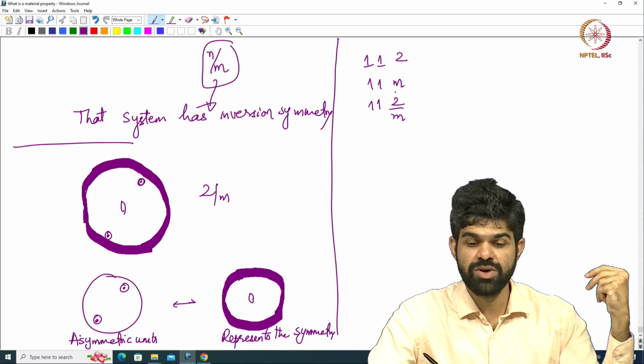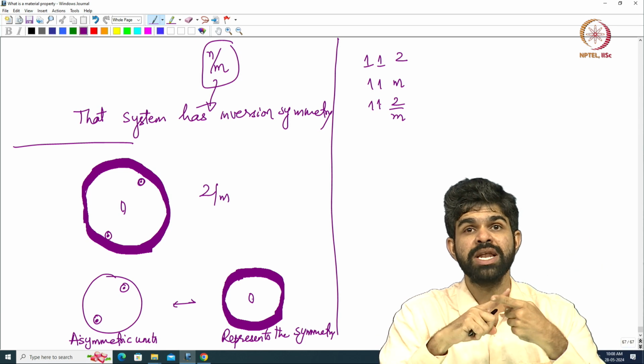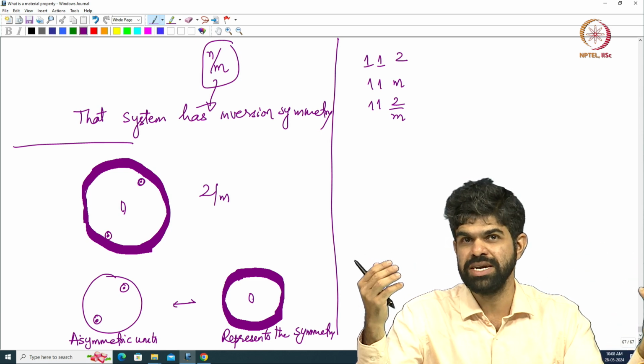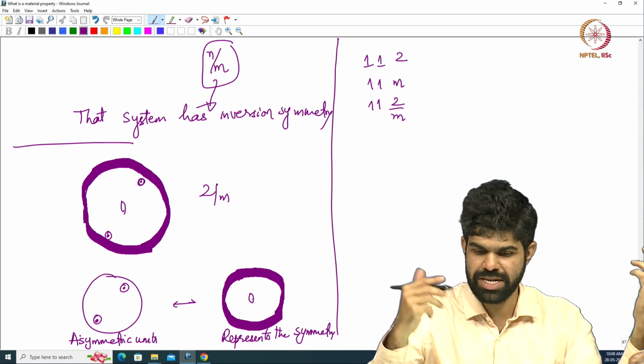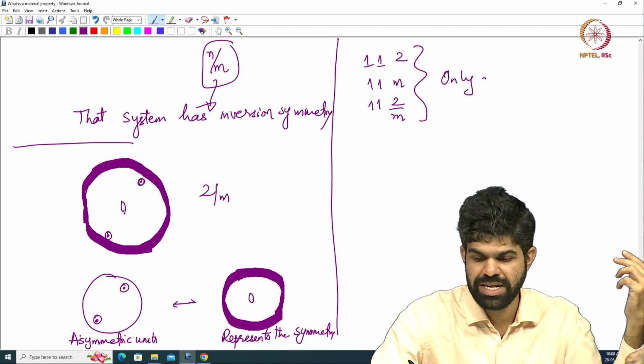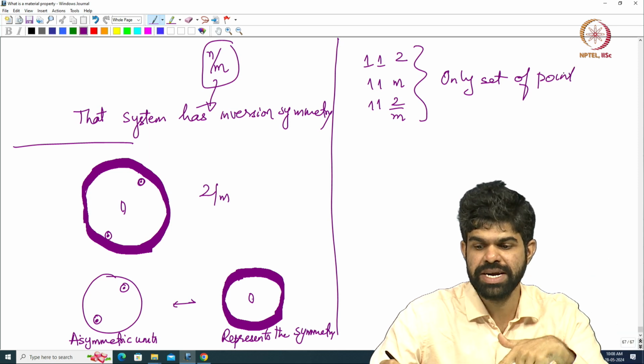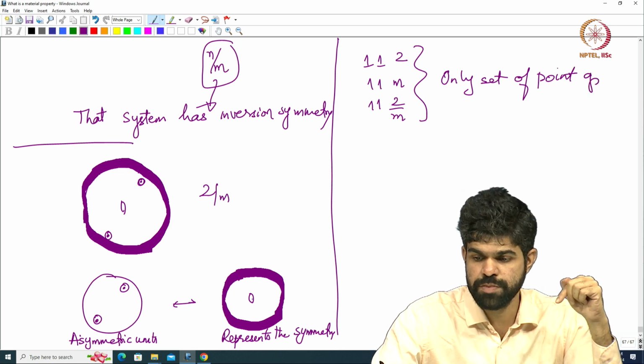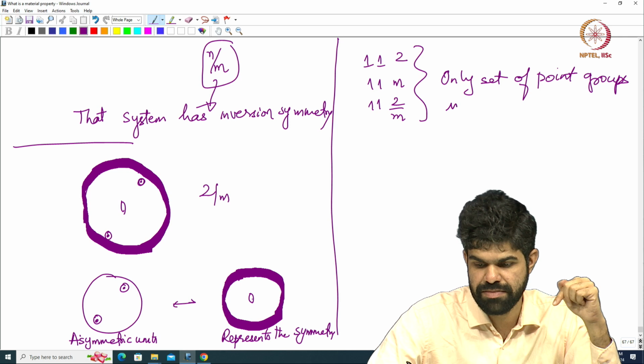But at the same time, I cannot have at least two orthogonal axes having two-fold or mirrors, right. So that is also not going to be a monoclinic system. So these are the only set of point groups. Each of them is a group, right. So these are the set of point groups in a monoclinic crystal system.